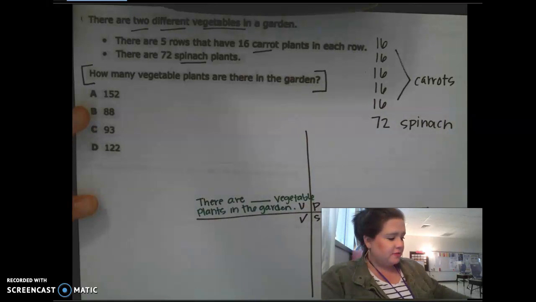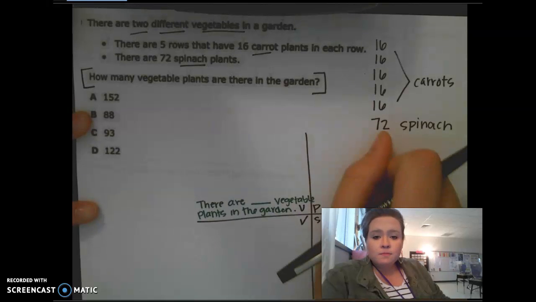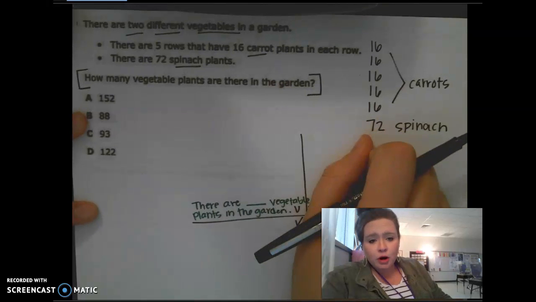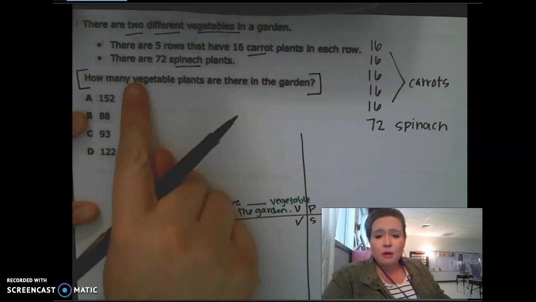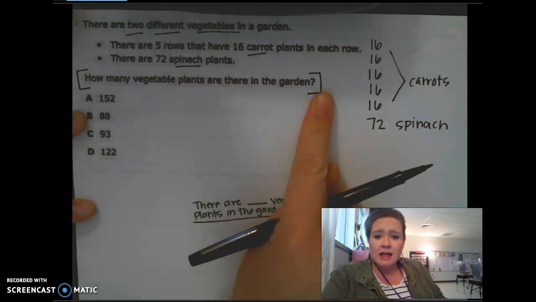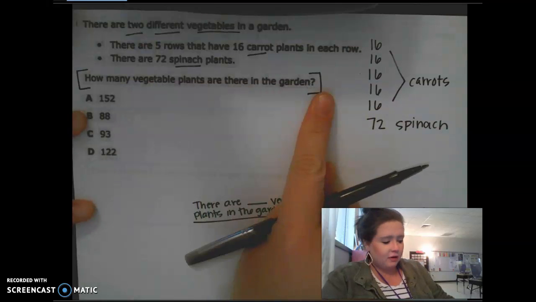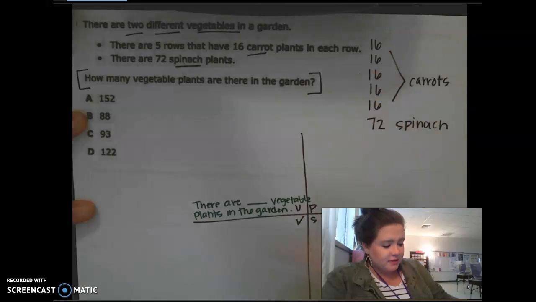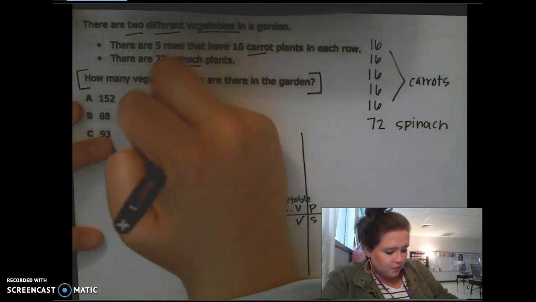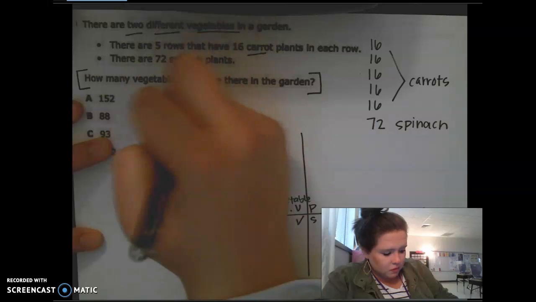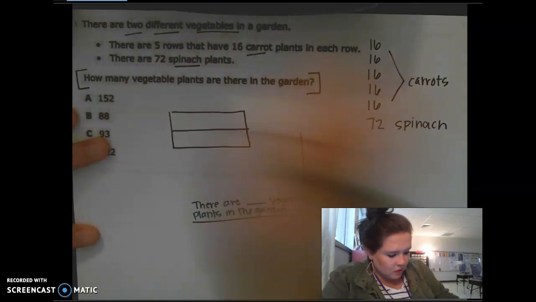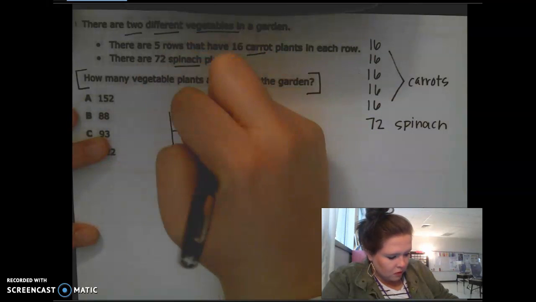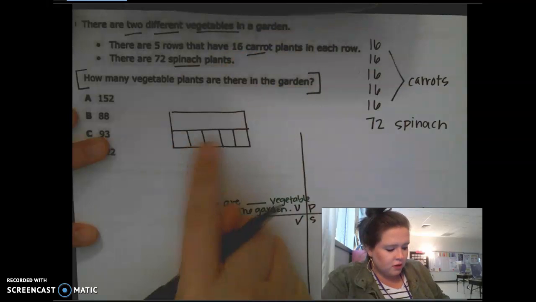Now I need to do my strip diagrams. Well, I want to know the total number of vegetable plants. How many vegetable plants were in the garden? That's asking for all of them put together. I have 5 rows of carrots. One, 2, 3, 4, 5.